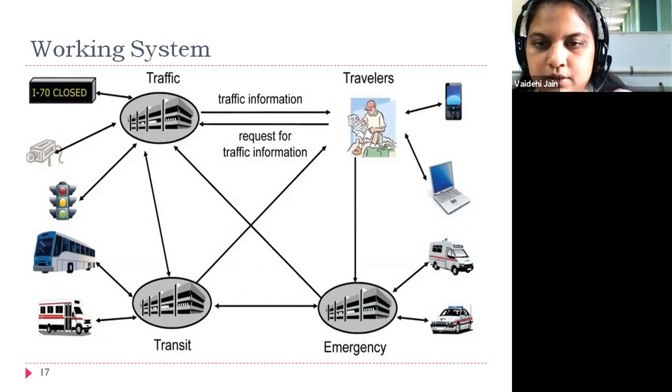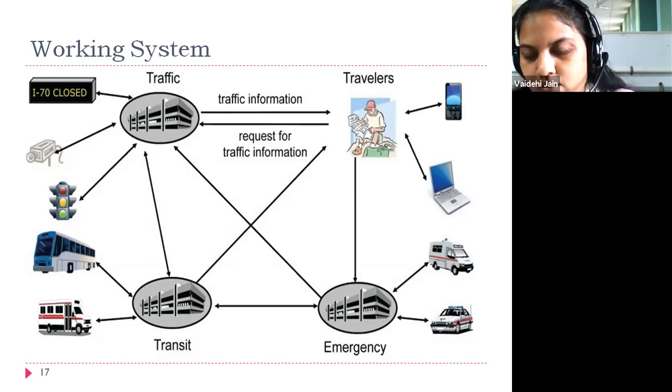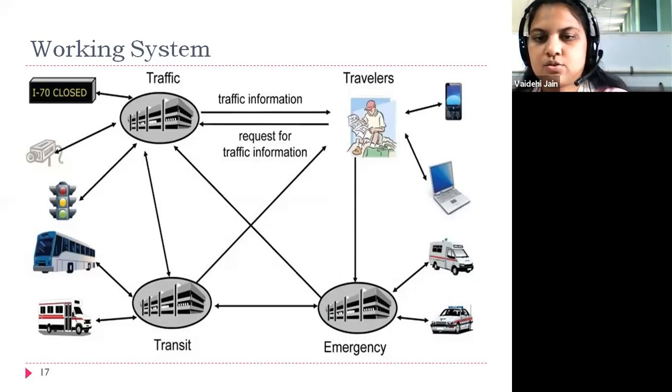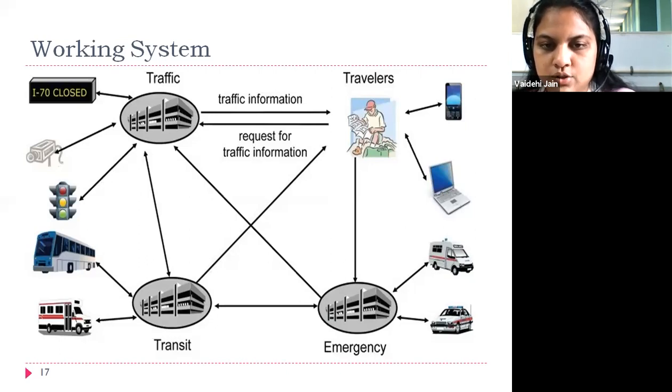For example, if you are using a maps GPS system when traveling on the road, you can get information on how much traffic is ahead, which route is the shortest, or which one is the most appropriate route for the traveler.